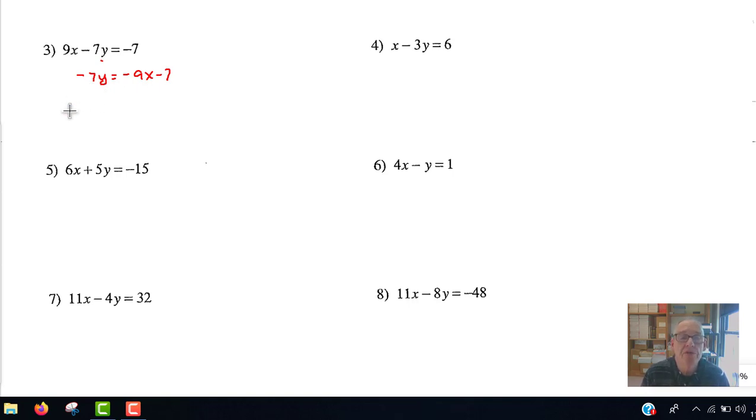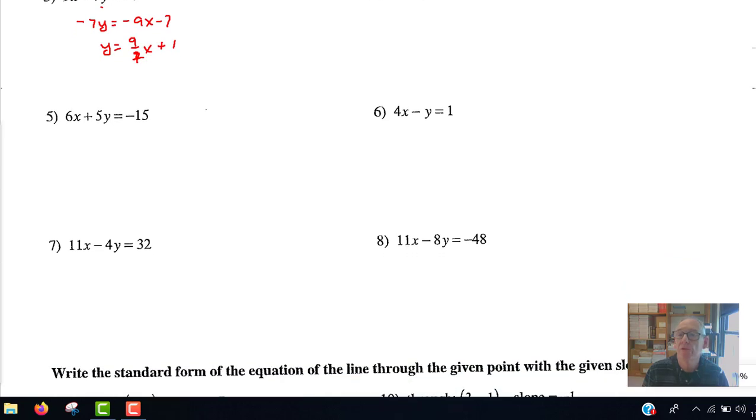We've got to get rid of the negative 7 that's times the y, so we divide everything by negative 7. y is going to be negative 9 over negative 7, which is 9 over 7, x plus 1, because minus 7 divided by a minus 7 gives us a 1. So we get y equals 9/7 x plus 1 for the equation that goes with number 3.